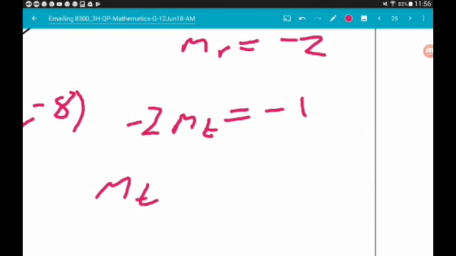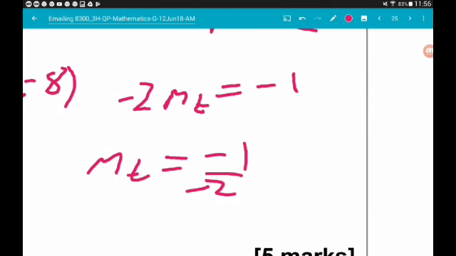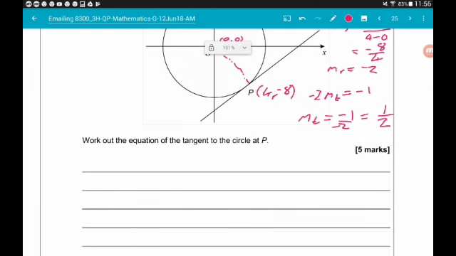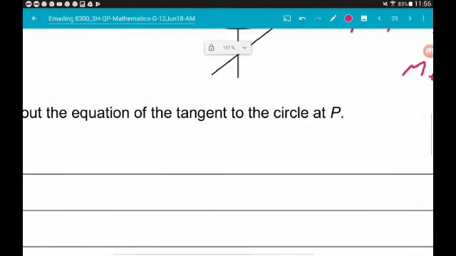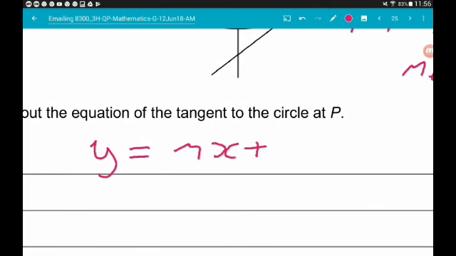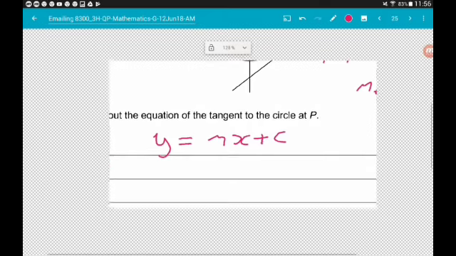So the gradient of the tangent is minus 1 divided by minus 2, which is positive 1/2. Okay, so we now know the gradient of the tangent is 1/2.